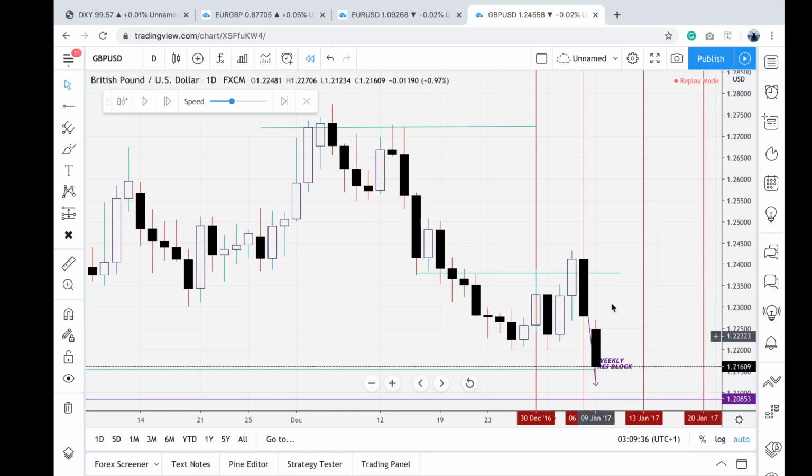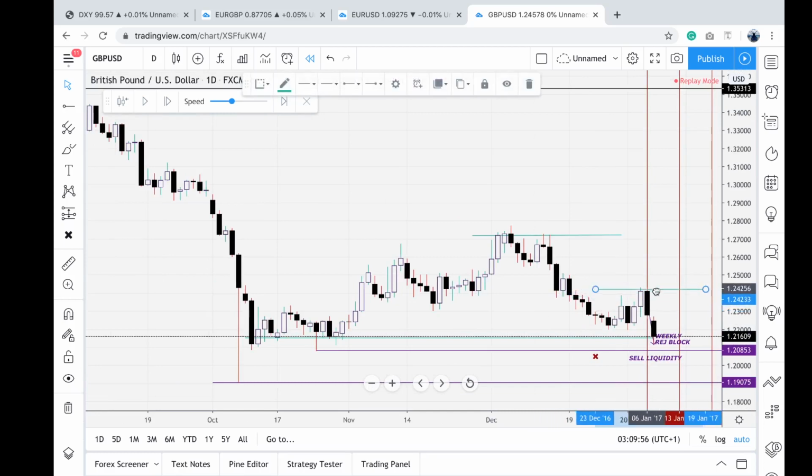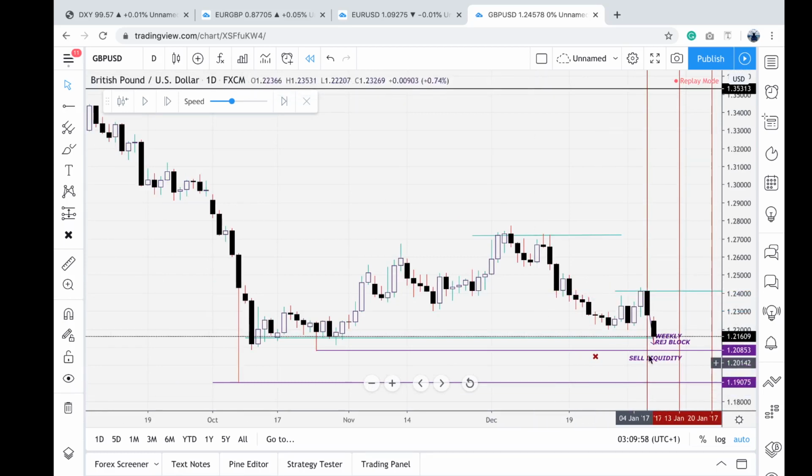So actually this is Monday's price action on the new week on GBP USD, which is the 9th. So remove this. Here is a daily rejection block on British pound USD.